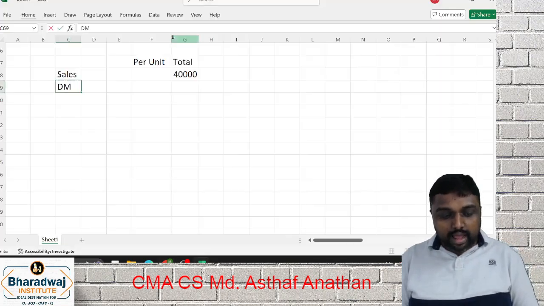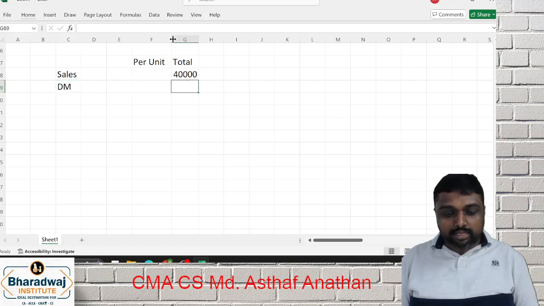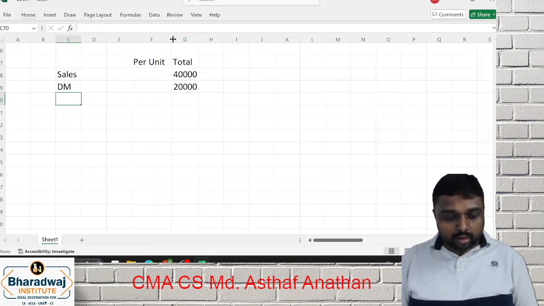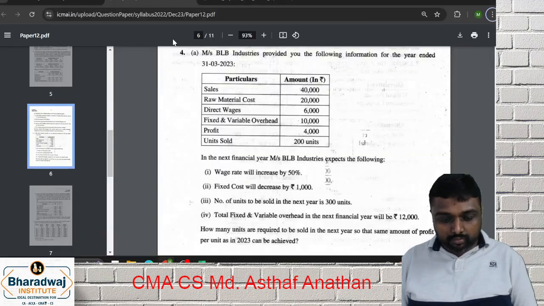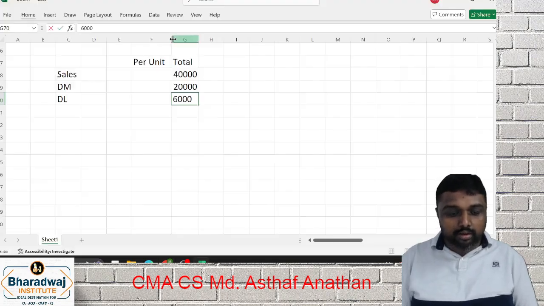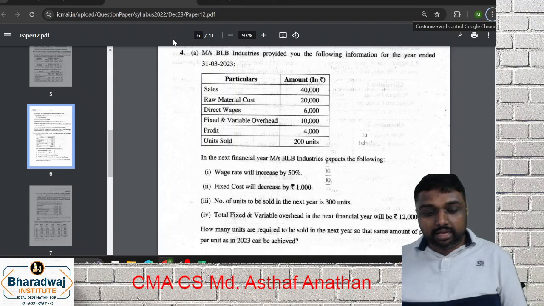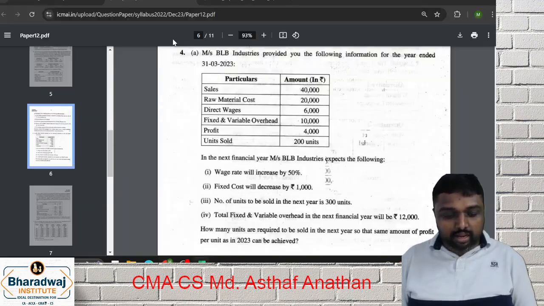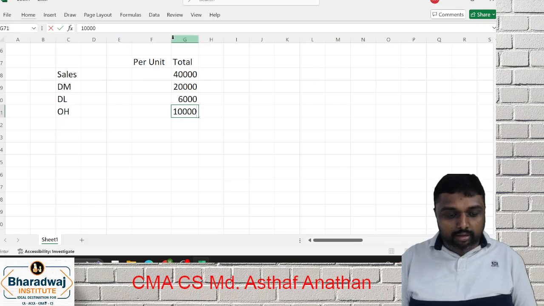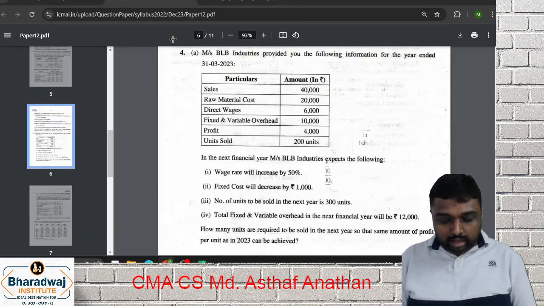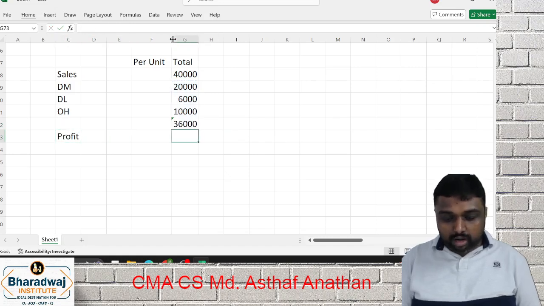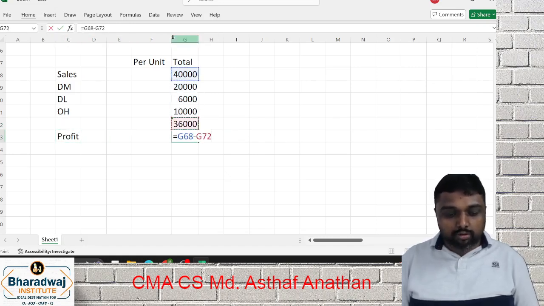Next is direct material, 20,000. What is the labor? 6,000. The overhead, both fixed and variable, 10,000. So you will get the total cost. Then they found out the profit, which is 4,000.